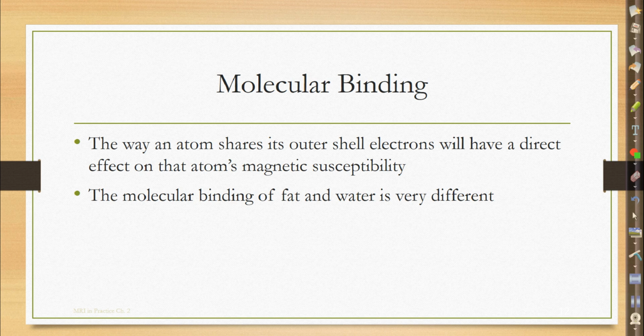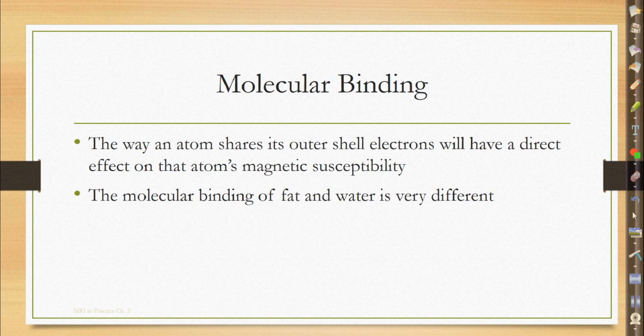So we're going to talk about how water, in particular, pulls those electrons, or that 1 electron, away from hydrogen within the water molecule to make it seem more positive, right? And that positive feature is what makes it more magnetically susceptible.